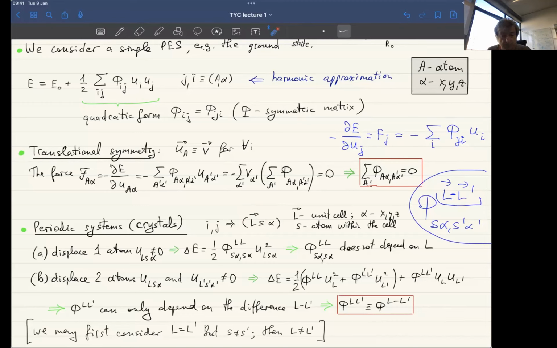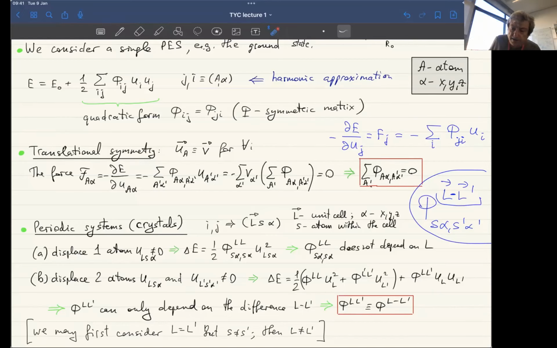Inside that unit cell, you may have several atoms, so different atoms within a unit cell we will designate by the index S. We also need a special index for the Cartesian degrees of freedom, because a displacement is a three-dimensional vector. For that we will use index alpha. So each index i, j over the degree of freedom is given, in fact, by three indices, L, S, and alpha, in the periodic system.